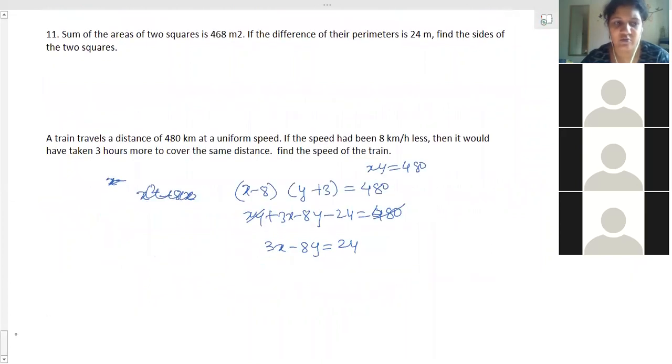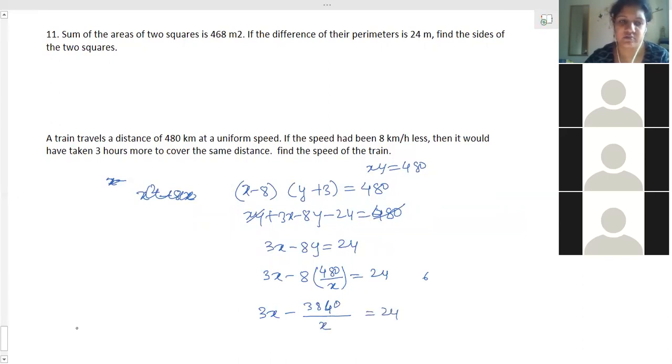Now substitute the value of y. 3x minus 8 into 480 by x is equal to 24. Multiplying, 3x minus 3840 by x is equal to 24.